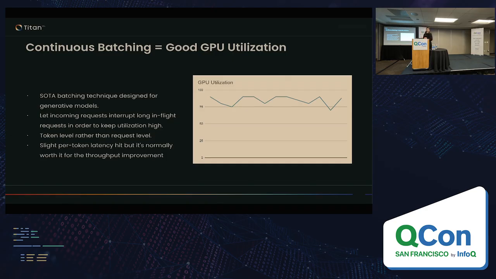I might have a situation where I have a very long response, and I can interrupt that response every so often to process shorter responses as well. It means my GPU is always at very high utilization because I'm constantly feeding it new things to do. So we end up with continuous batching, which is much better GPU utilization. It's token level.